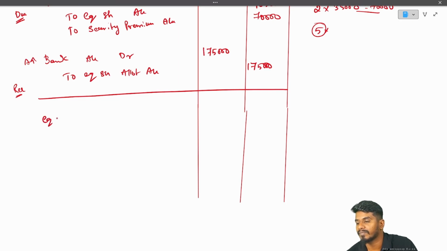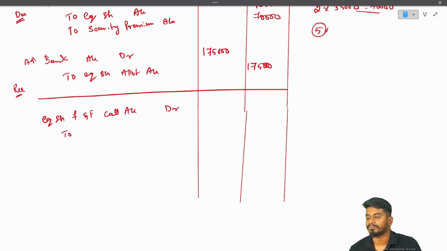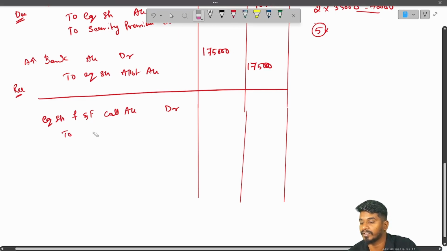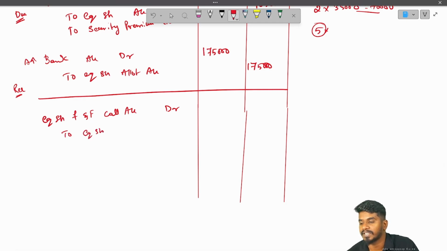Equity share first and final call account debit, to equity share capital account. We will transfer it to share capital. How much? It is 35,000 into 4, that is 1,40,000 we need to receive.